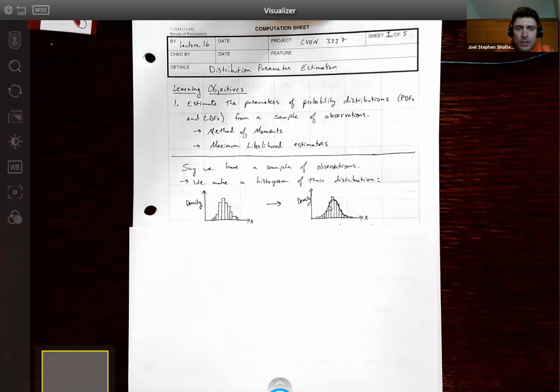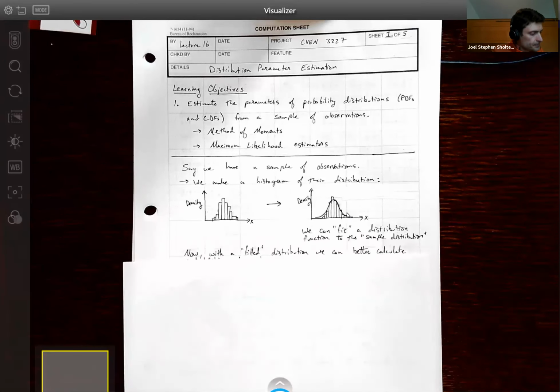So really what we're trying to do is fit some sort of distribution or a curve to those data. And you've done this already in the labs, so we're just talking about what these methods are specifically. When we can fit a curve to the data, we're kind of estimating the population distribution with that curve and the population parameters with that curve. And we can do more complex math, better estimation of probabilities when we fit a smooth curve to the data.